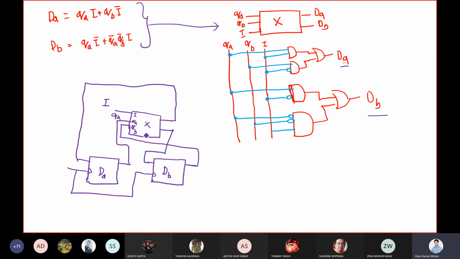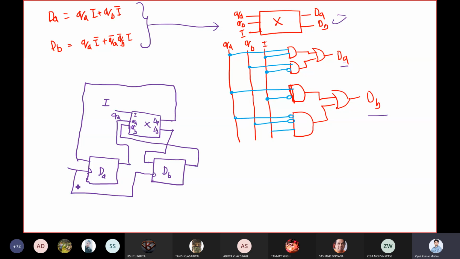Right. So what is the input? QA, QB, and I have given I. QA is coming from the first flip-flop, QB is coming from the second flip-flop. Now the inputs of this, DA and DB, are the outputs of this. So you can say this is your DA, this is your DB as we have taken here. So DA will connect here and DB will connect here.